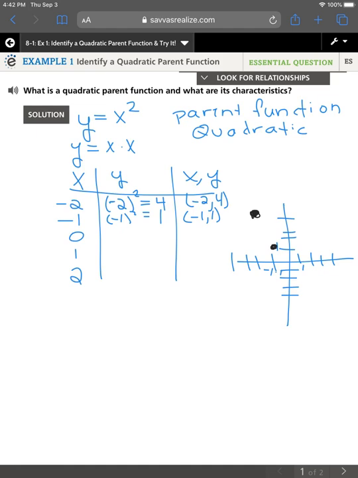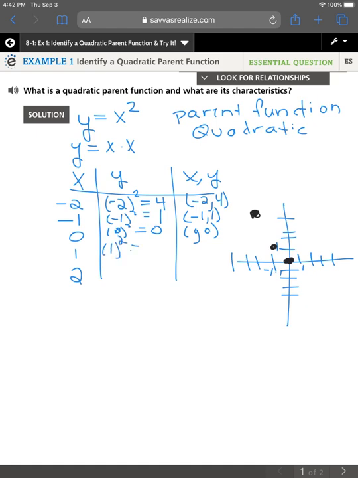So now we have 0. What is 0 times 0? Well, it's just 0. And we put the point right here. Okay, now we have the next one. What is 1 times 1?